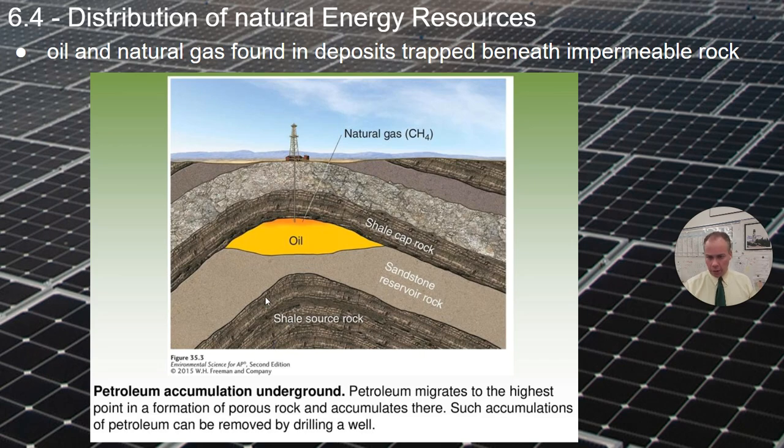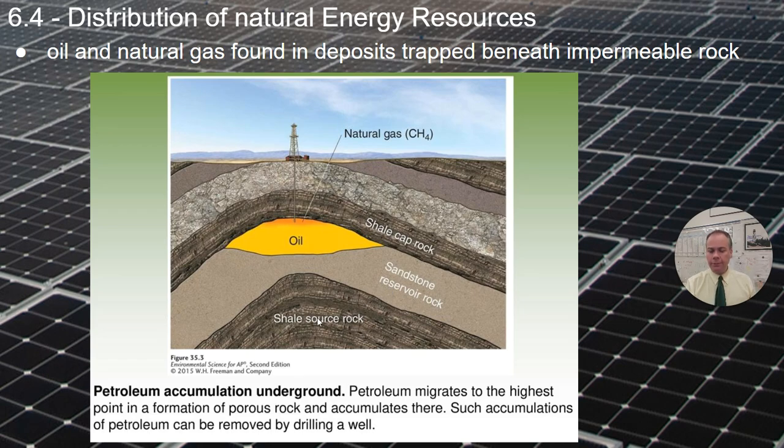This is where the oil and the natural gas came from. This is the source rock. And that petroleum, that crude oil, migrates in time because of density to the highest point in a formation that's porous. So what we can see here is this sandstone that's sandwiched between these layers of shale. It's permeable to this crude oil and natural gas.